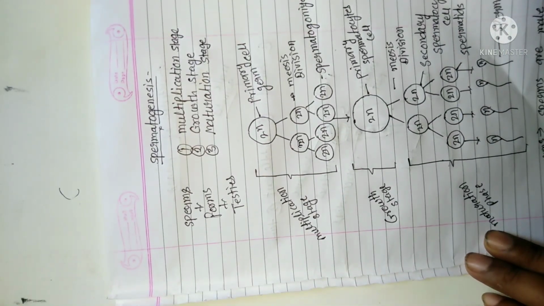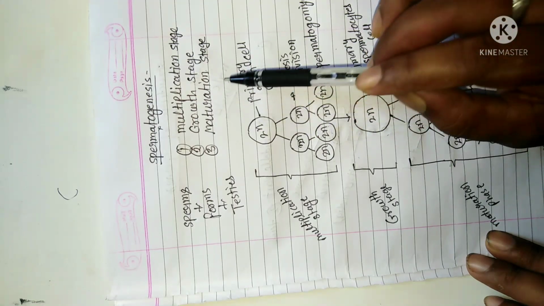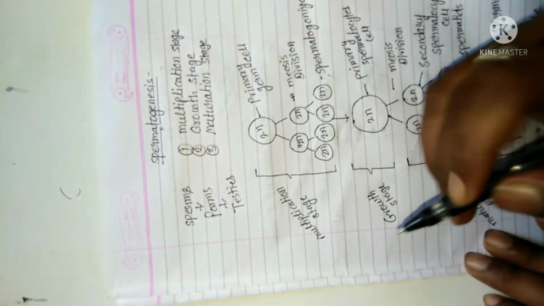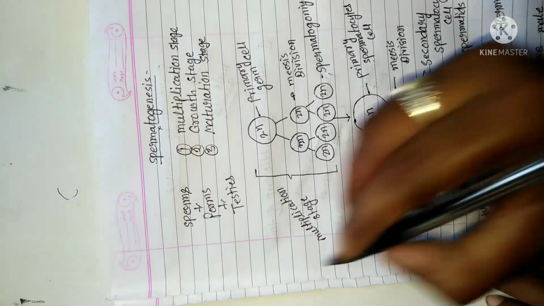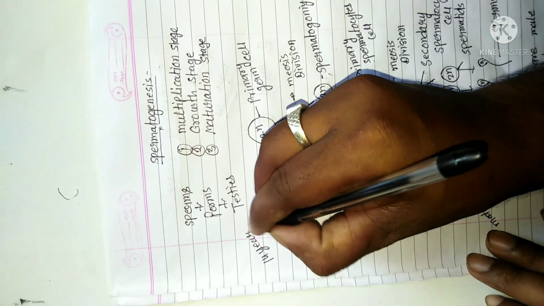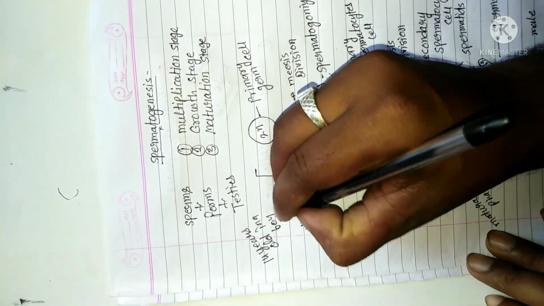This is spermatogenesis process. In spermatogenesis process, there are three stages: multiplication stage, growth stage, and maturation stage. We told you spermatogenesis process is the process of formation of sperm. Sperms form in the male testes after 14 years old in a boy.